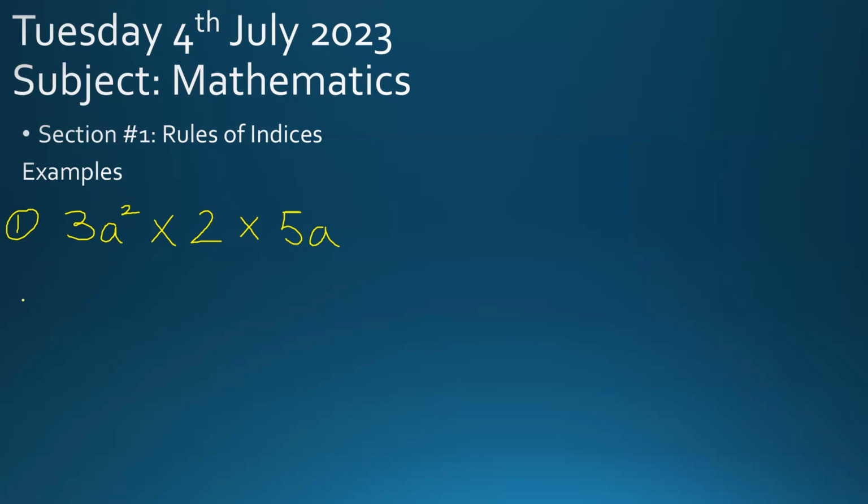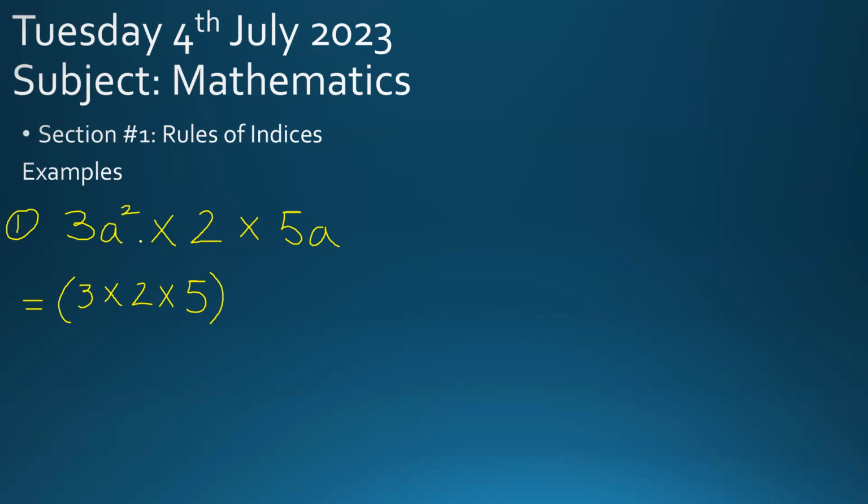So let's deal with the numbers separately, and then we're going to deal with the letters or the variables. And so we have open bracket 3 times 2 times 5, close bracket.